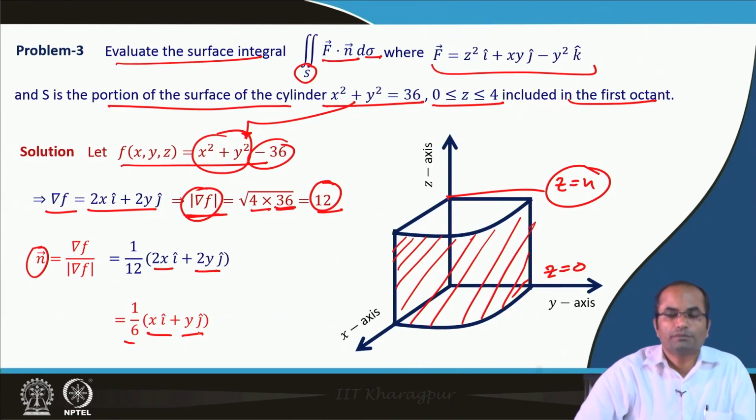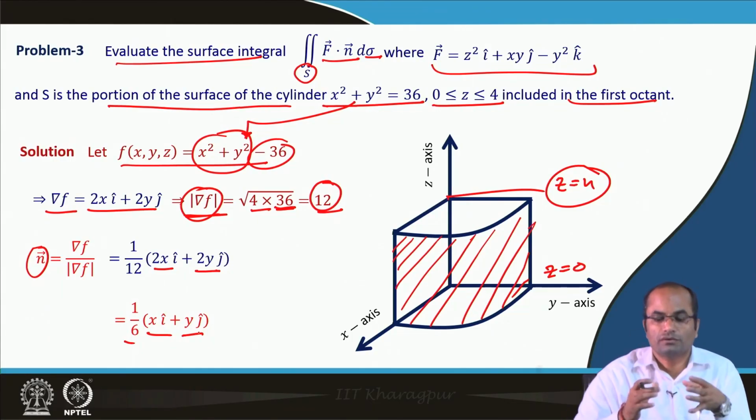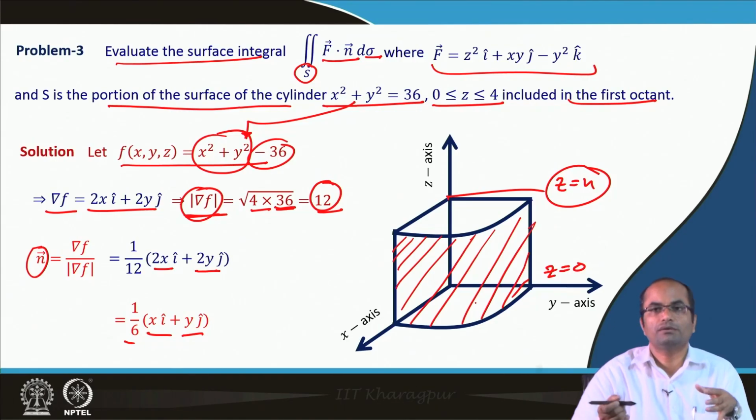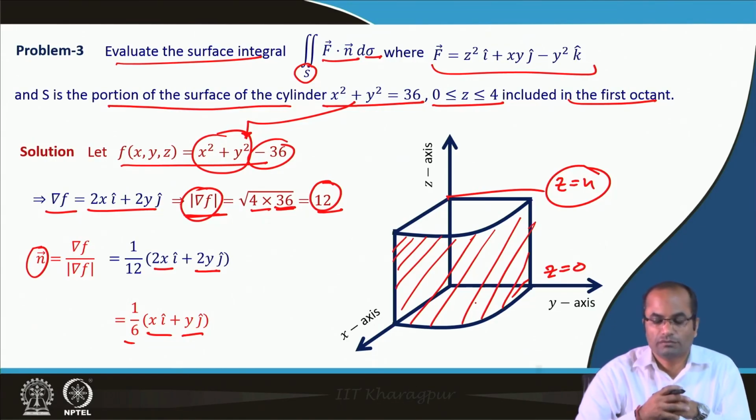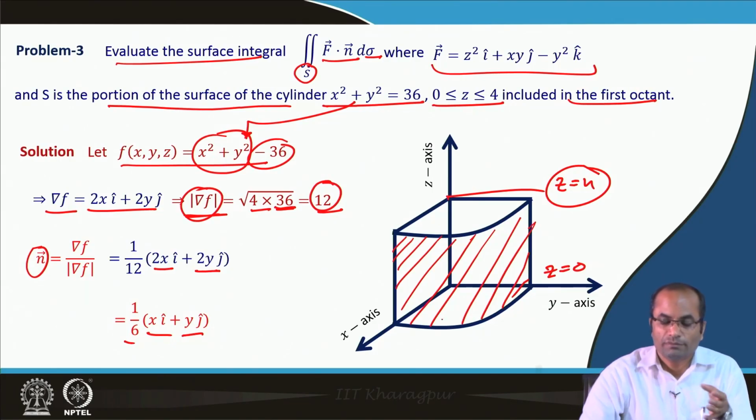Now, about the projection, because this cylinder is in the direction of z, it should be noted that we do not have the possibility of projecting this onto every coordinate plane.